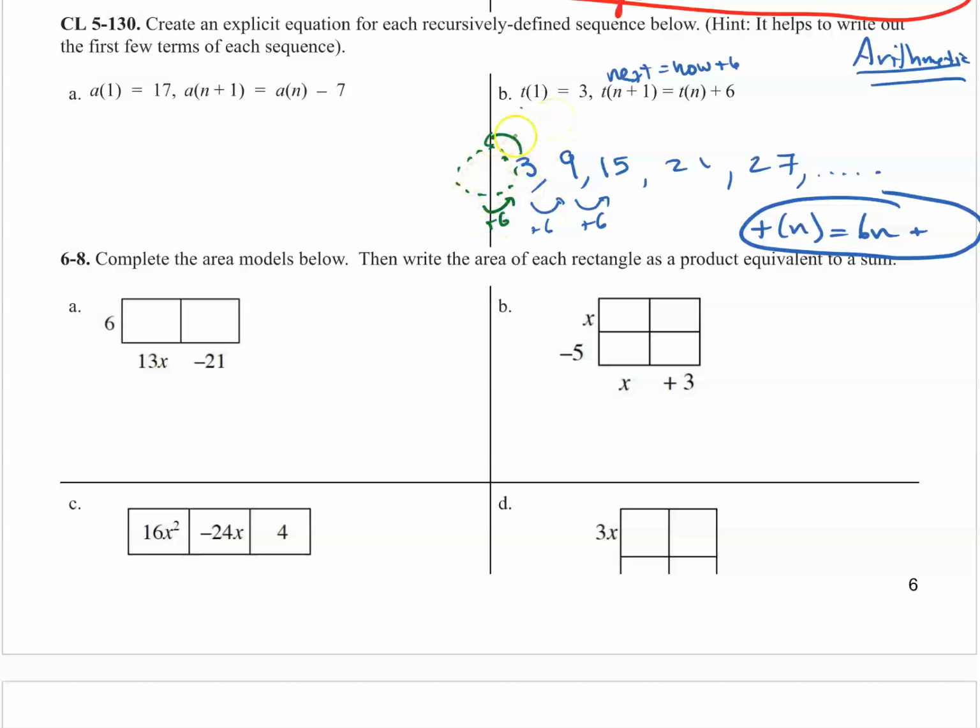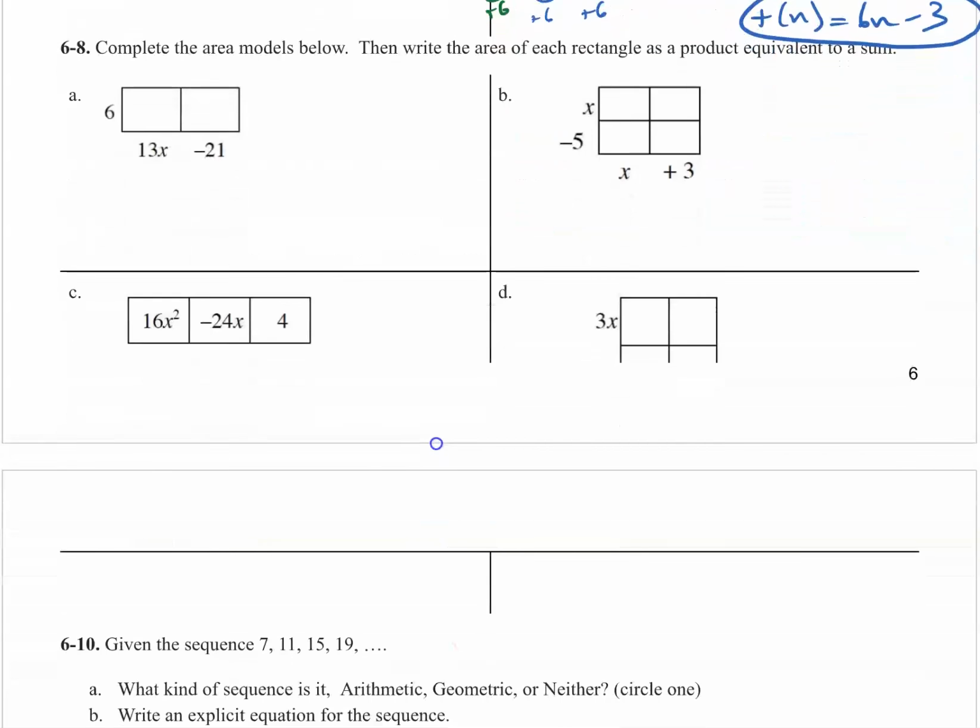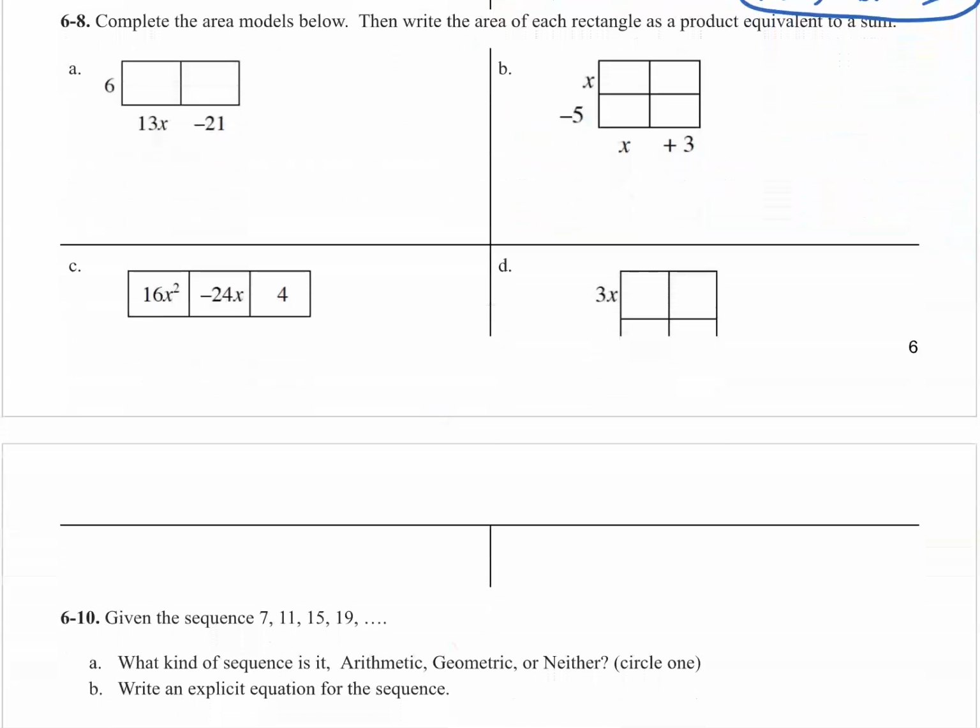If you can't figure it out, go backwards in the list, not by adding 6, but by subtracting 6. That's the opposite. So this is negative 3, and turns out that's the equation. Do A, and then let's look at 6/8.